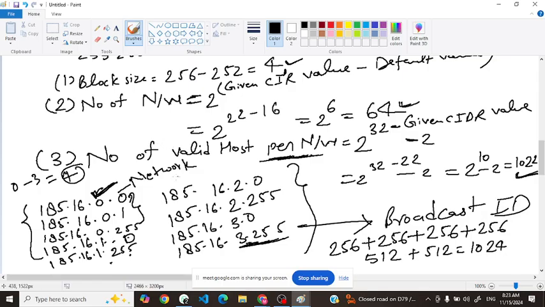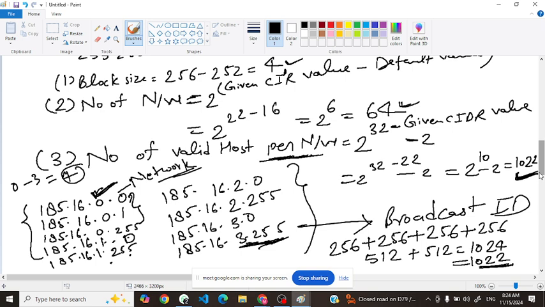And the first ID will be the network ID, the last ID will be the broadcast ID. So how many valid hosts in this network? 1022. And this is what we are calculating. Is it clear for everyone? Yes, clear, sir.